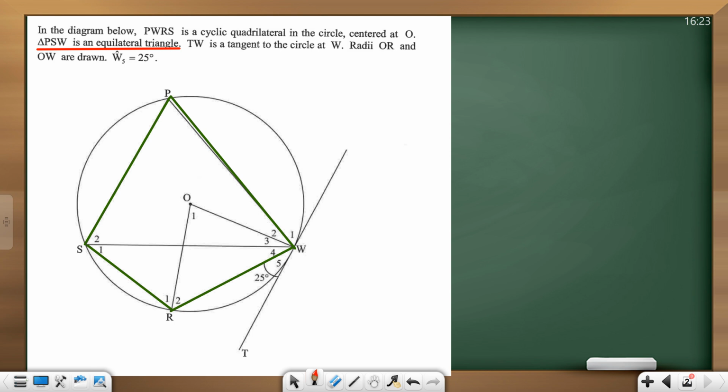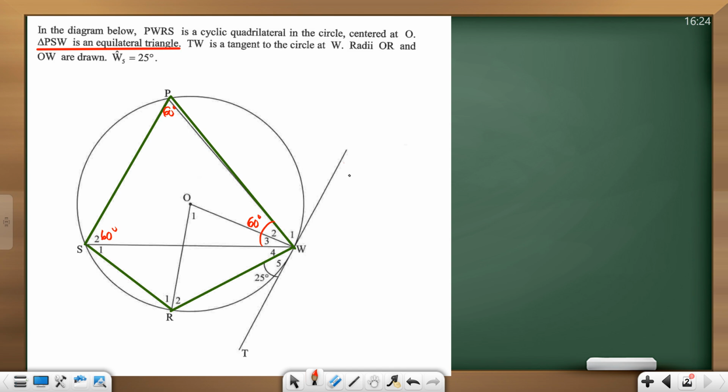And it means, what's the value of the angle? 60. All right. Thank you, Lindo. Bukudo, your hand was also held. Beautiful. So which angles are equal? 60 degrees PSW, right? 60 degrees. And W, which is 2 and 3, 60 degrees.